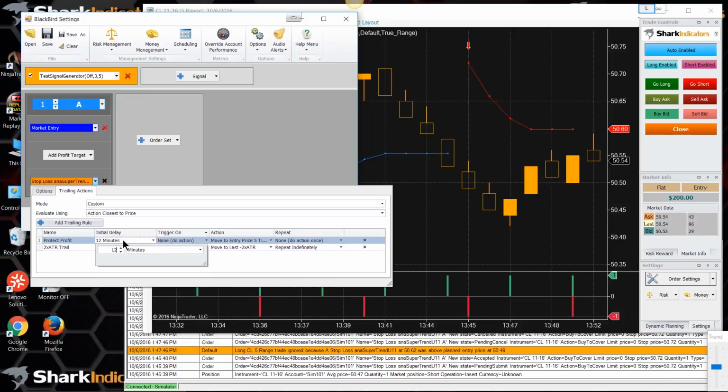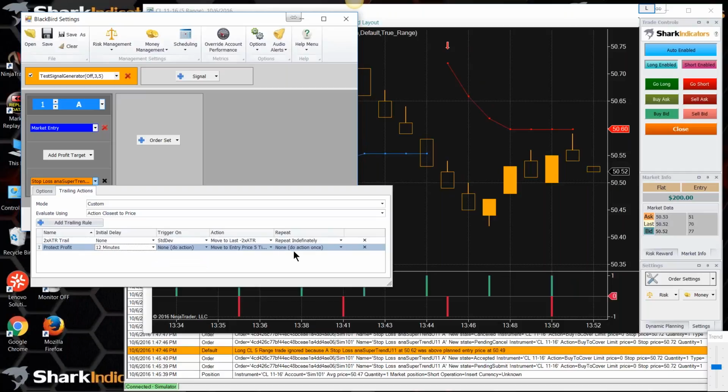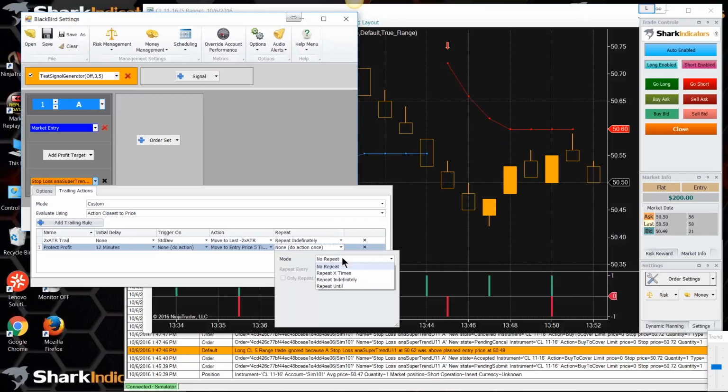But also, once the delay is over, once this 12 minutes is over, this trailing rule could repeat indefinitely. But you can see I have my repeat turned off.